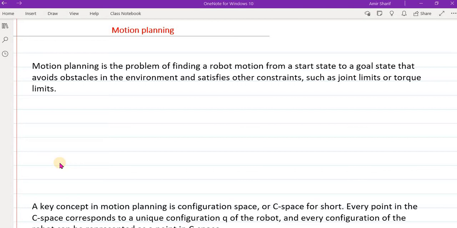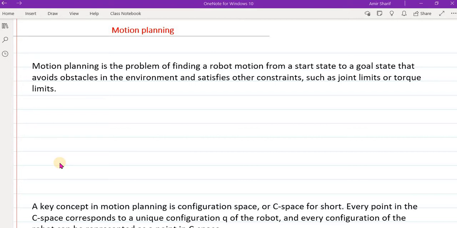But if you see in the real world, the task of the robot is to move in the environment. For example, let's take a pick and place operation by a robotic manipulator. The robot has to move from one place to another place, and this process requires motion planning.